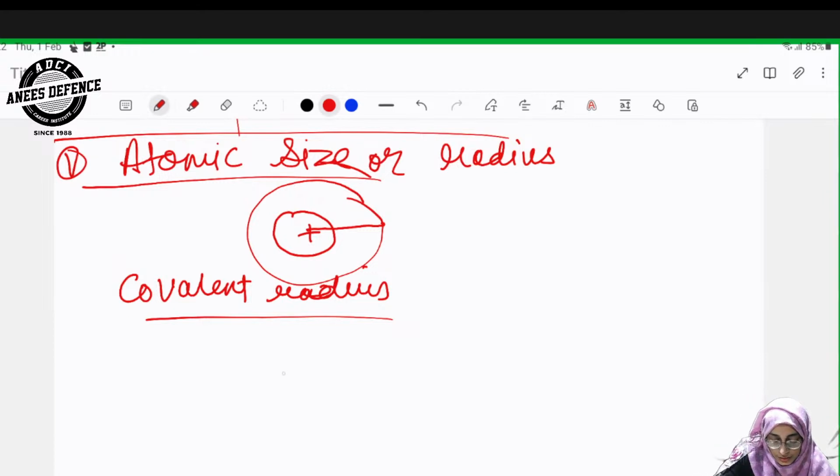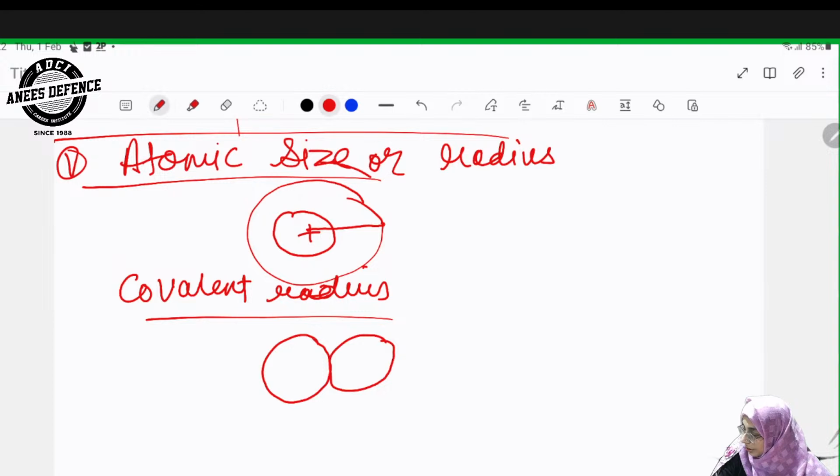See, this is a covalent molecule. These two are the covalent molecule, A and A. Why did I say A and A? Because in covalent molecules, the atoms have almost the same electronegativity. They are formed by the sharing of electrons. So what is the covalent radius?